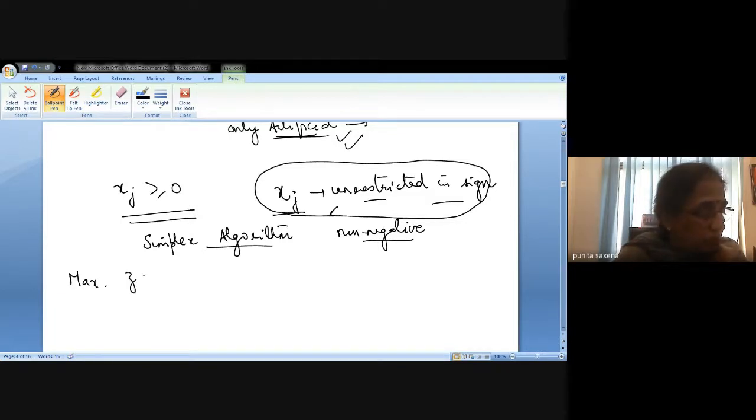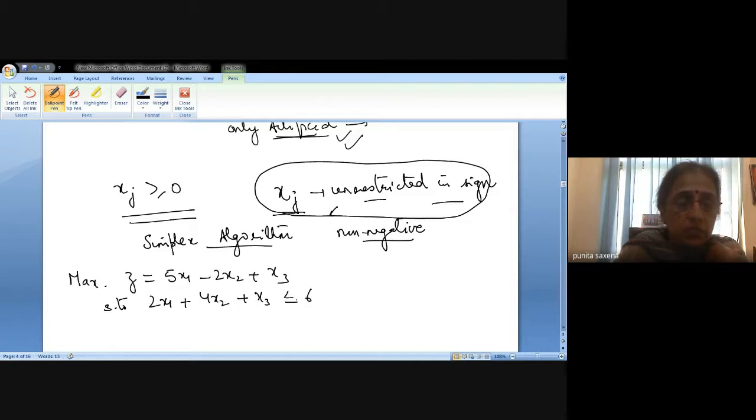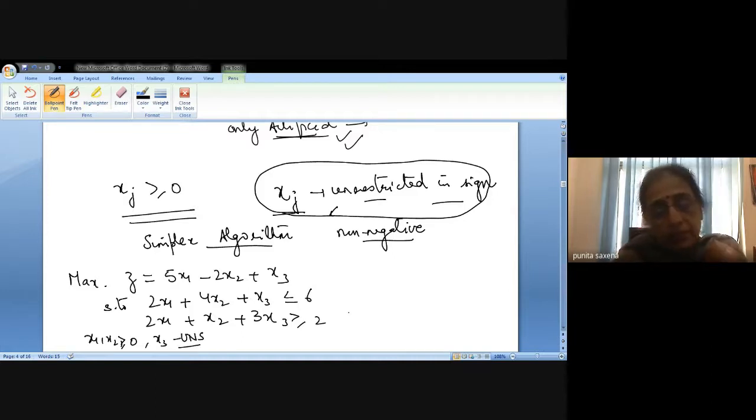Supposing your problem is to maximize z equal to 5x1 minus 2x2 plus x3 subject to 2x1 plus 4x2 plus x3 less than or equal to 6, 2x1 plus x2 plus 3x3 more than or equal to 2, and x1, x2 more than or equal to 0, but x3 we write as UNS, unrestricted in sign. So we are given that x1 and x2 are non-negative, but x3 is unrestricted in sign.